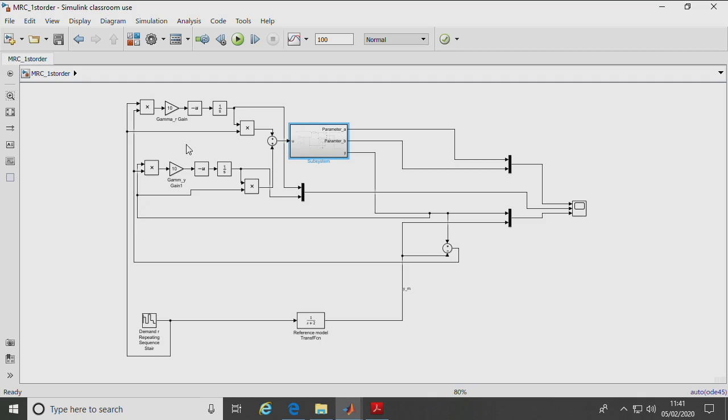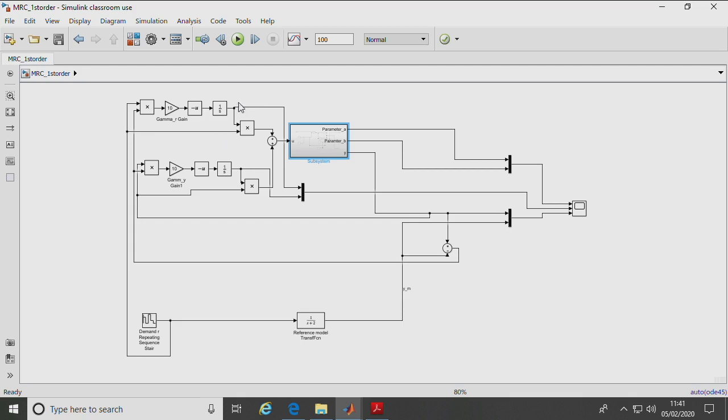So effectively that's essentially our AY parameter, and here is R, so I'm feeding it in there, and that gives our AR parameter.